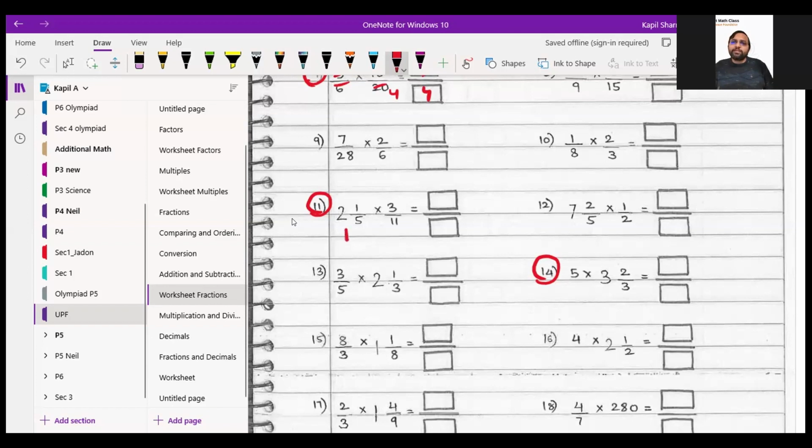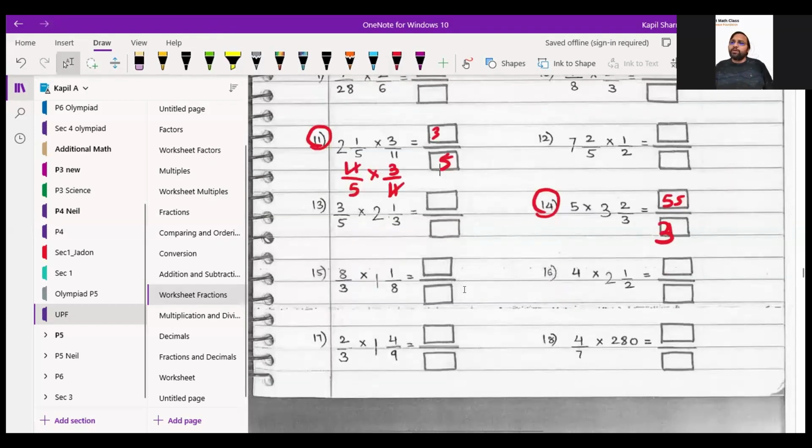See, the first fraction is 11 upon 5, right? Times 3 upon 11. You're solving 14th one. Okay, yeah, this is fine. So 11th one is simply 3 upon 5. Okay, now last question.